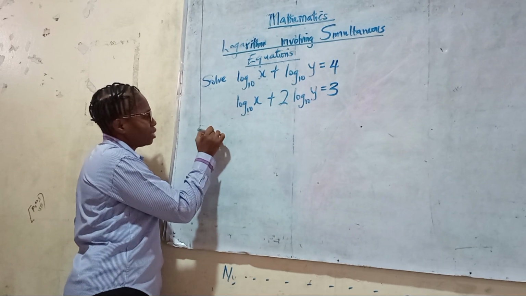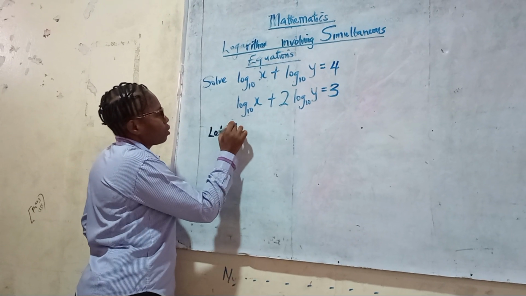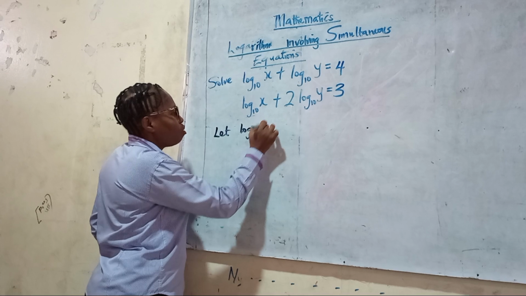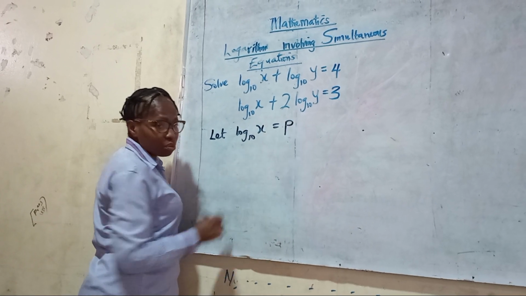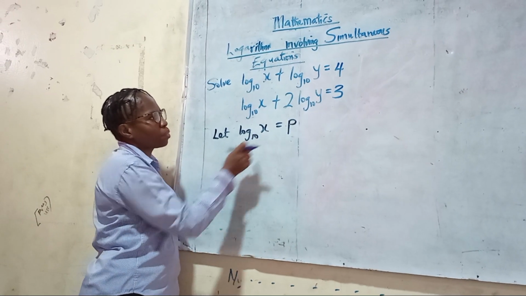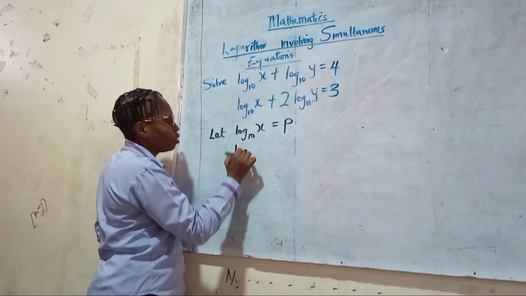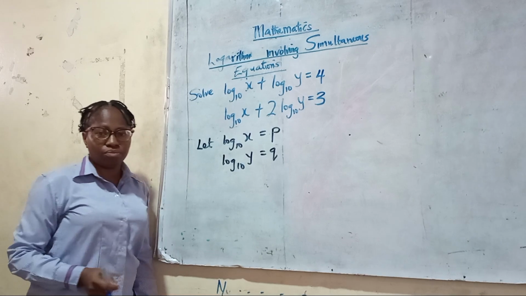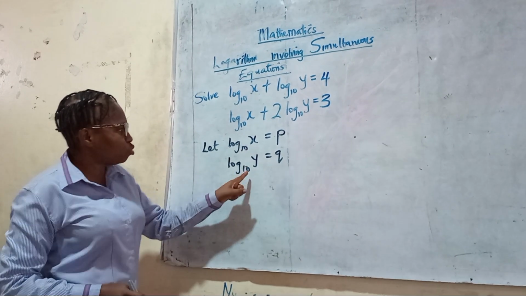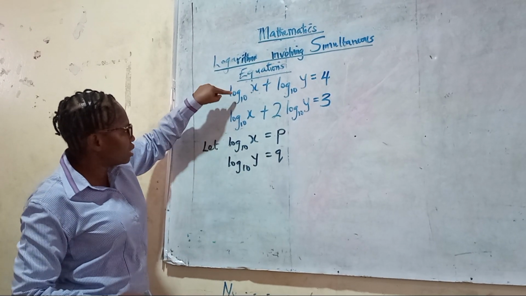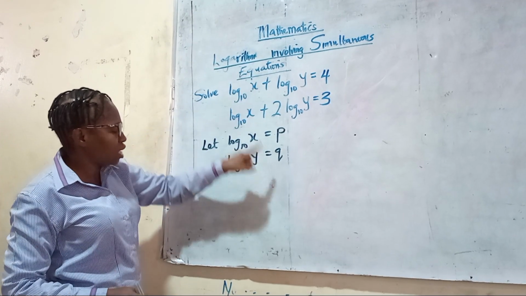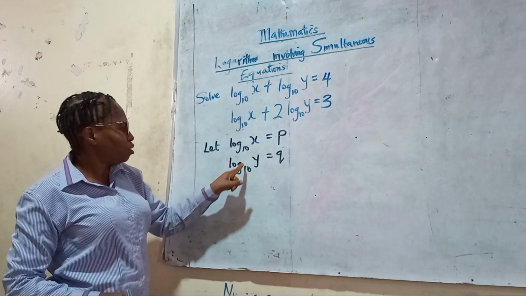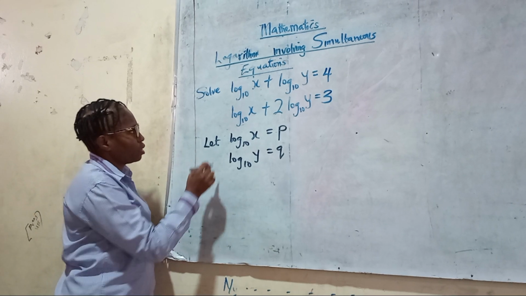So let's say log x is p, we are representing it with p. The second one, log y equals q. So what we'll do now, we'll replace log x with p and log y with q.